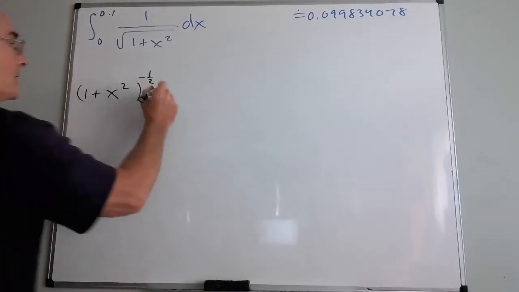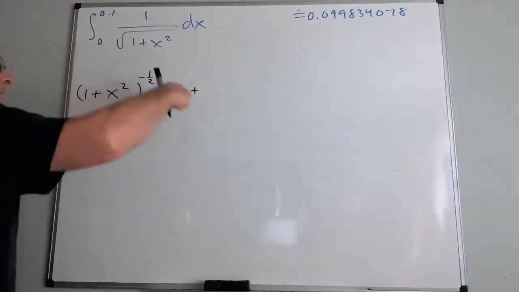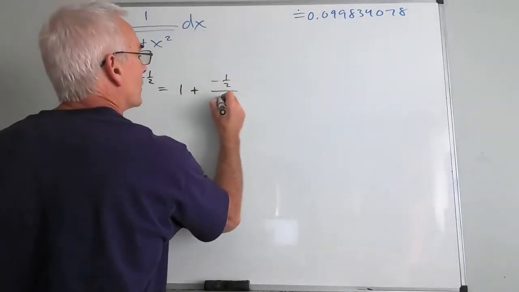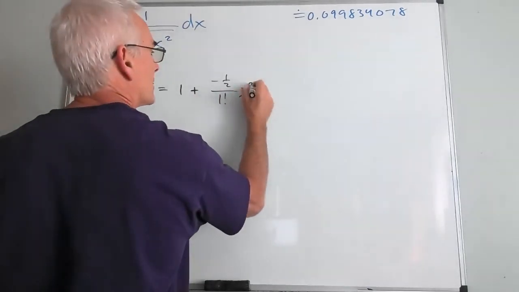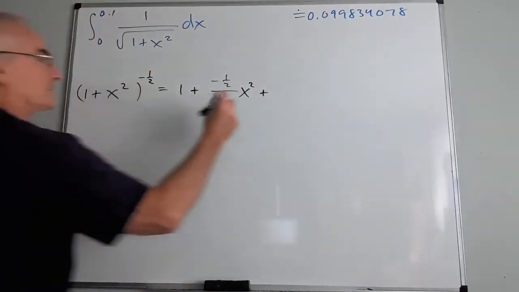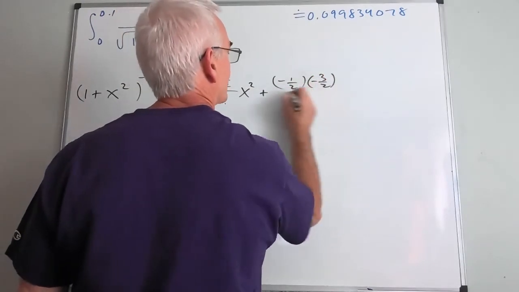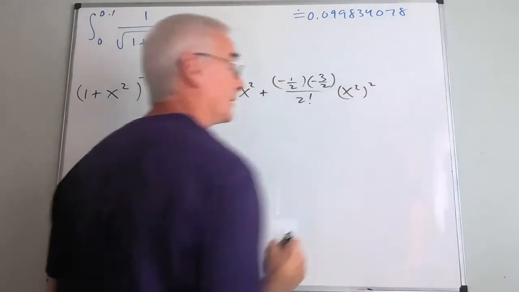So when I do this one, what is it going to be? 1 plus, and then it'd be that over 1 factorial x squared, plus -1/2, -3/2 over 2 factorial x squared squared.